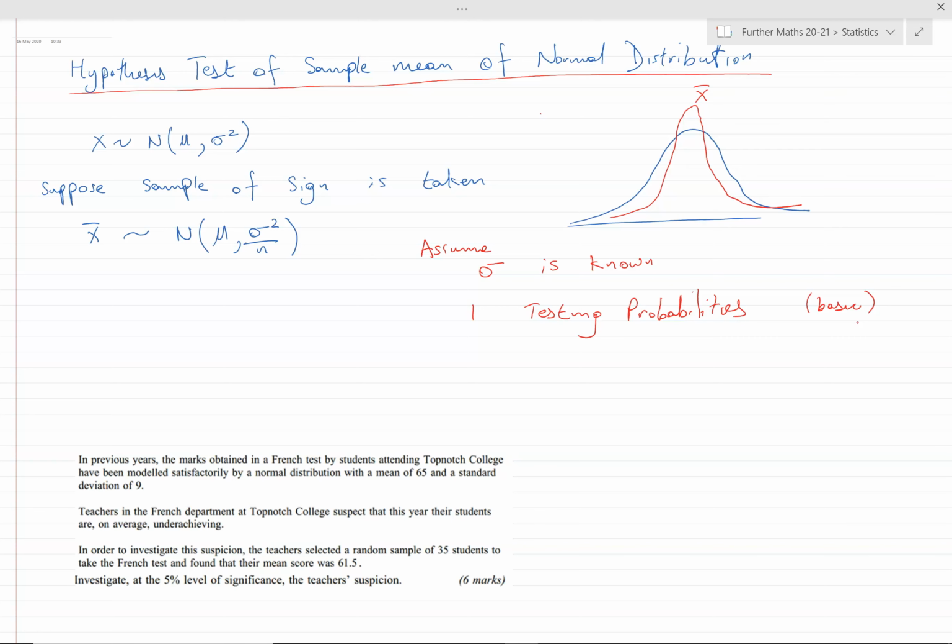So it's more similar to that. The second one is using z equals x bar minus mu over the standard error as the test statistic.